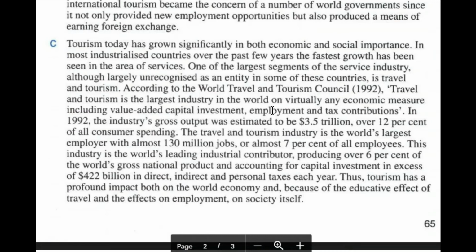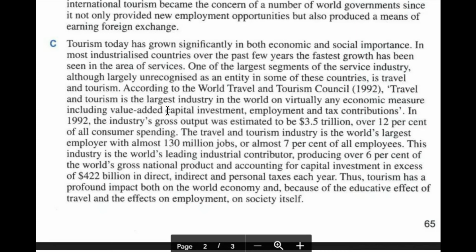If we look at the example, the references for the explanation, according to the World Travel and Tourism, again don't be tricked with the keyword world over here. Because underneath this line you can see all the data, all the information is discussing the economic values.